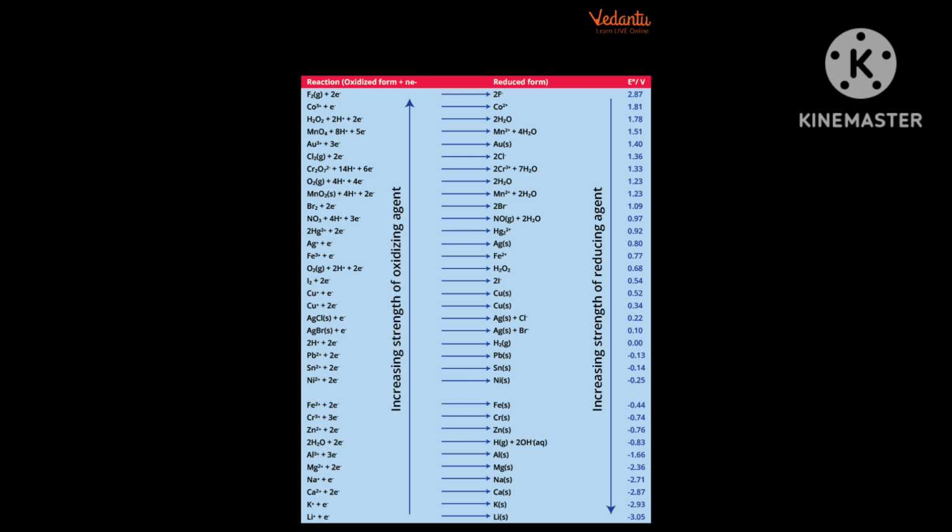One important point. How will you represent the electrode? First, oxidation. You know that oxidation means the metal is converting into metal ion. While oxidizing, Zn is converting to Zn++.